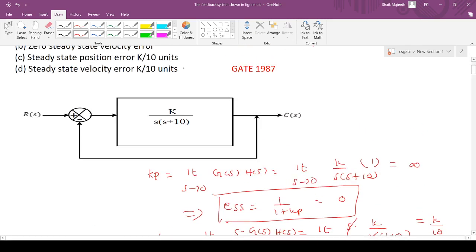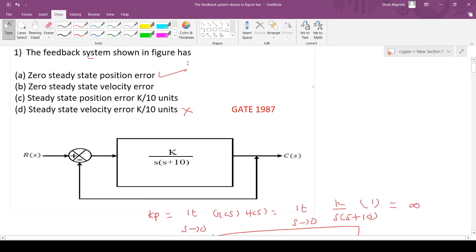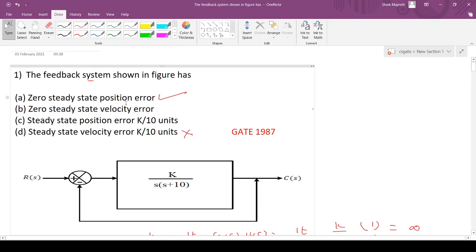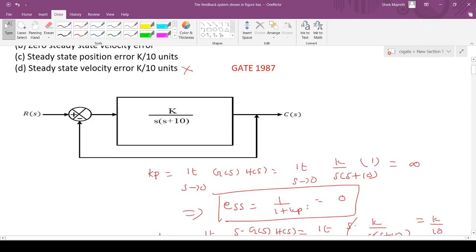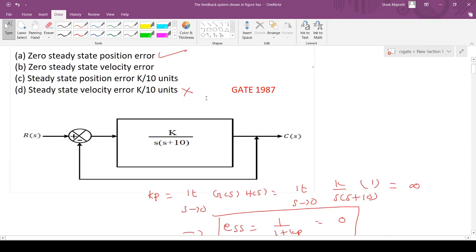So this is also a wrong answer. So what is the correct answer? It is 0 steady state position error, because of the position coefficient we got error as 0, and because of the velocity coefficient we got error as 10 by K, not K by 10. So this is the wrong answer. A is the right answer. 0 steady state velocity error is not a correct answer. Position error is 0, as we already know, so it is also a wrong answer.